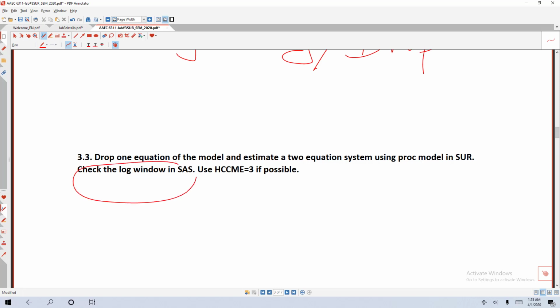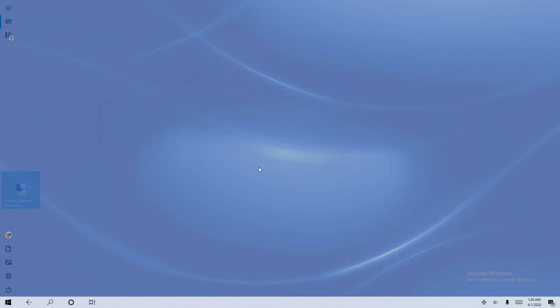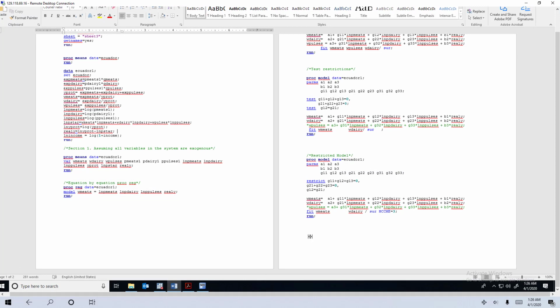And let's check the log window, and so there is some evidence, we could have conducted a test, but graphically there is some evidence of heteroscedasticity. Well, let's go step by step, since I'm asking you to use that if possible.